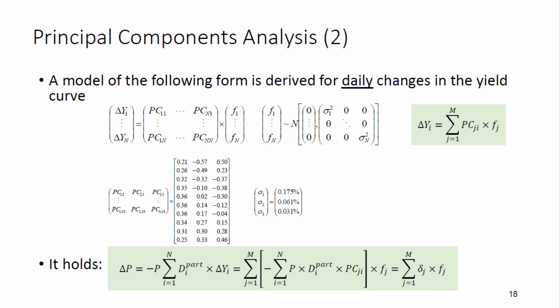If I put m equal to 1, then I say, I know that there are more factors to explain the change in the yield, but I am only interested in what the first factor does, so F1. If I put m equal to 2, then I'm only interested in what the first and the second factor do. And as we said earlier already, very often the first factor picks up most of the variation in the yield curve. First and second factor is already enough, but 3 factors could be the maximum that you really need.